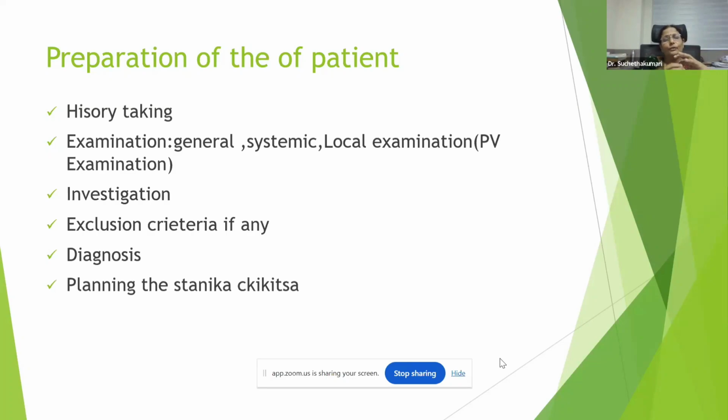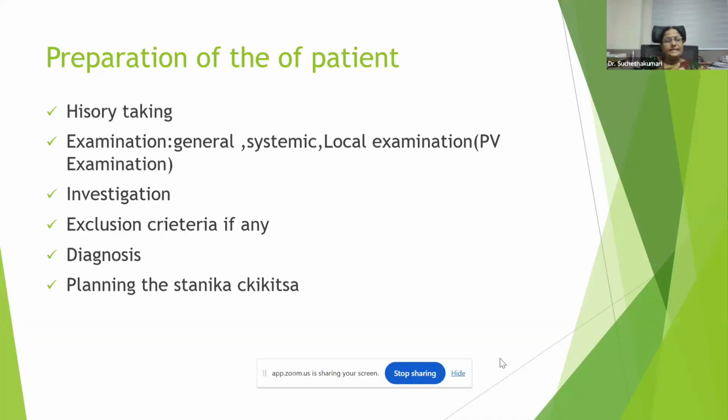So the history of the previous deliveries, previous abortions, and her menstruation, the pattern of the menstruation, whether it is regular or irregular or she is having very heavy flow, all these also have to be taken.